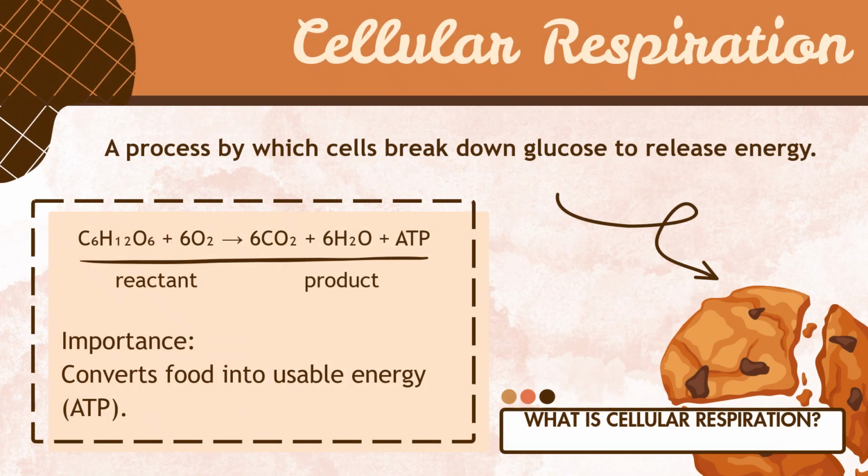All right, here is your equation one more time. The C6H12O6, that's your glucose. The oxygen is the O2, and those are your reactants. That's what is needed. And then it yields, that's what the arrow means, carbon dioxide, that's CO2, water, that's the H2O, and the wonderful little molecule called ATP, which is the one that has energy that can be used by the cell.